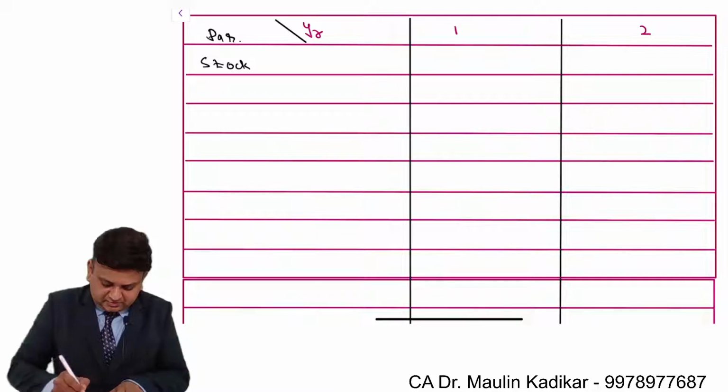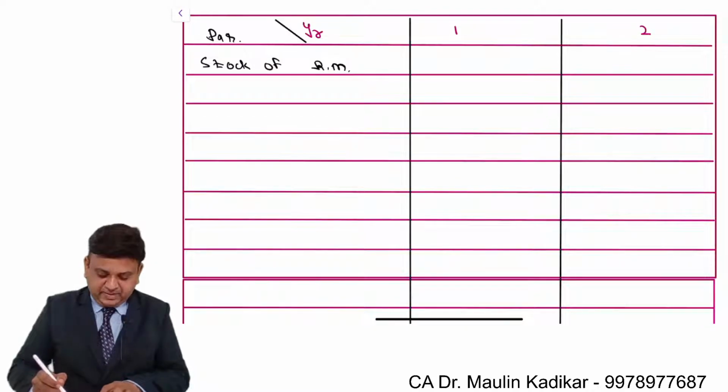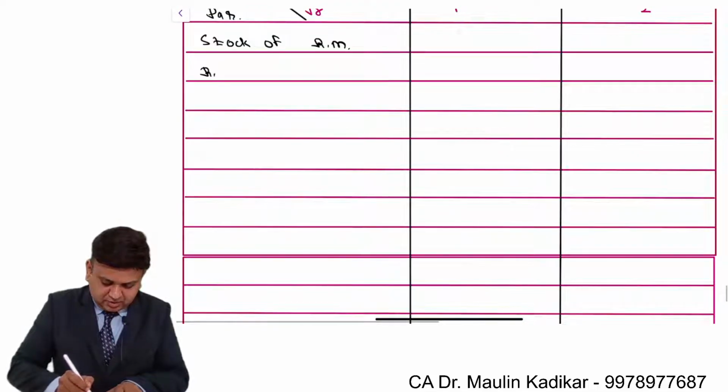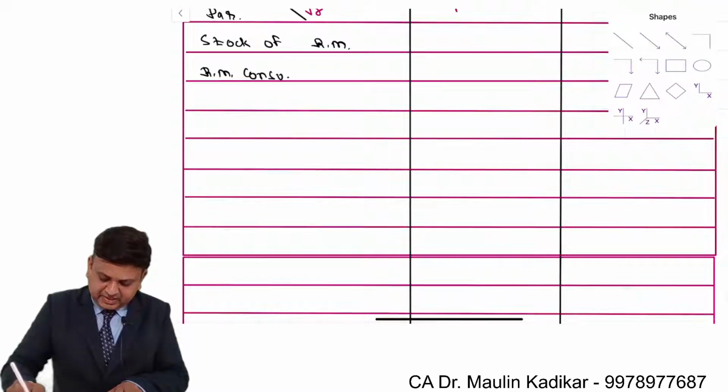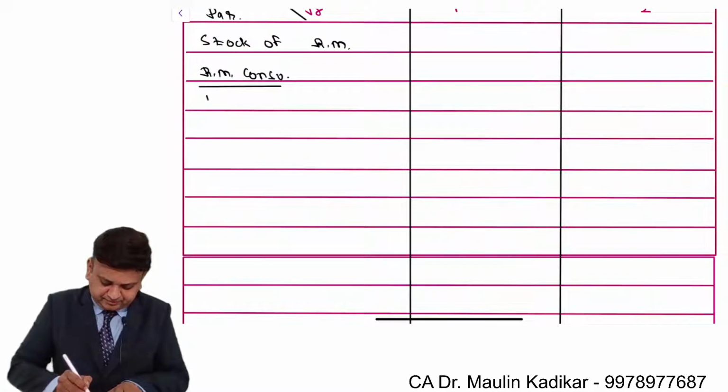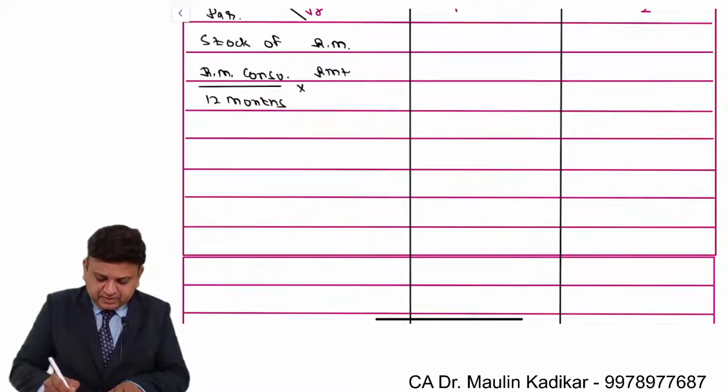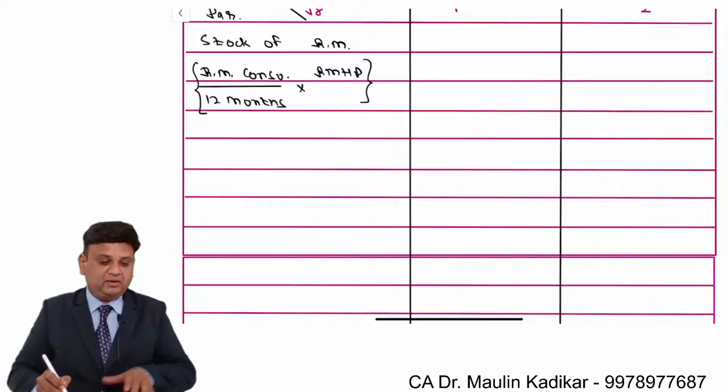Stock of raw material. It will be calculated as raw material consumption divided by 12 months into raw material holding period. This is the formula which we are required to apply.